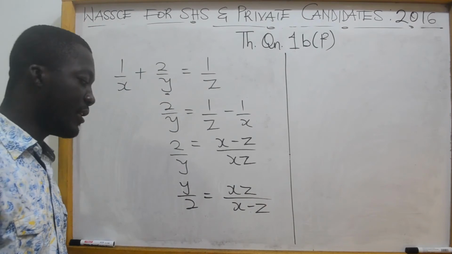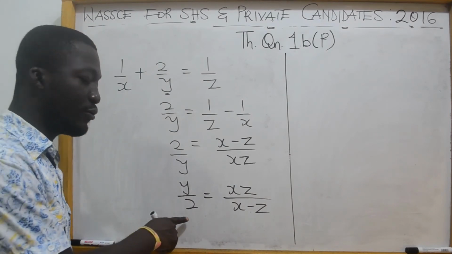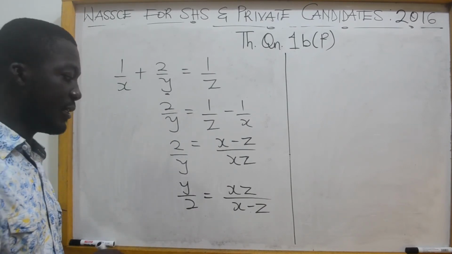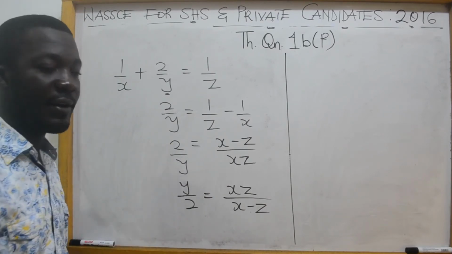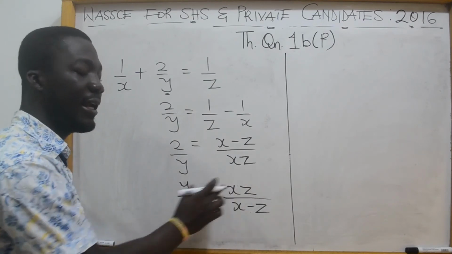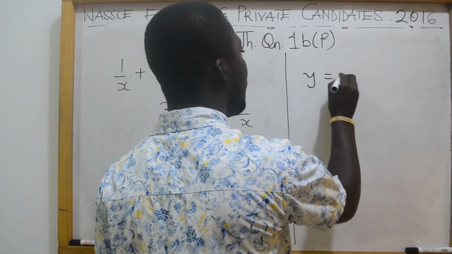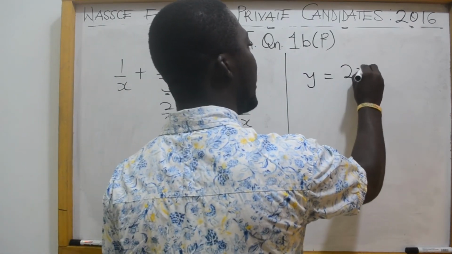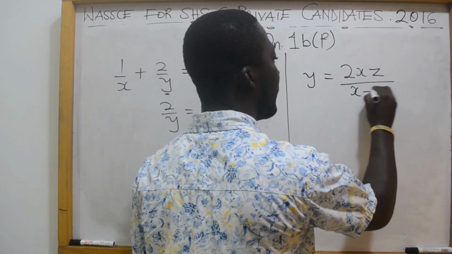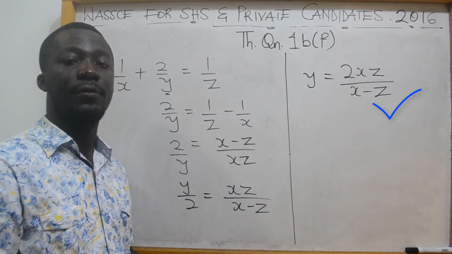So to continue and get only the y, we also use the cross multiplication and send the 2 to the right hand side. Since it is a denominator here, when it comes here, it becomes a numerator. So y will be equal to 2xz divided by x minus z. And that is our final value for y.